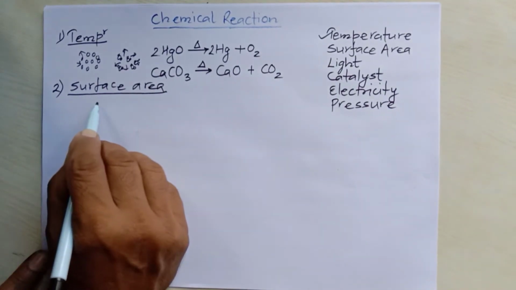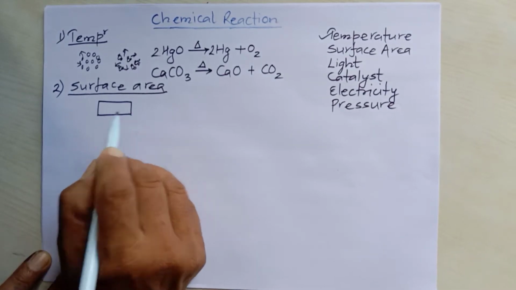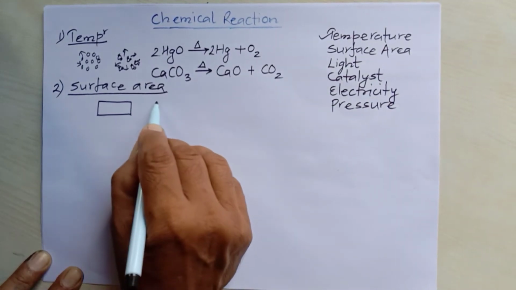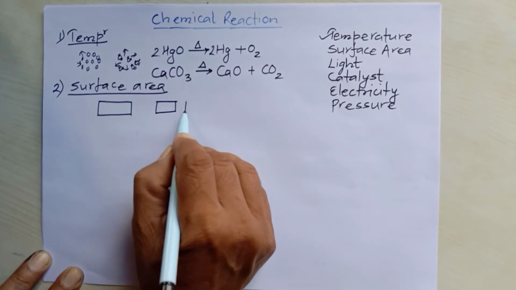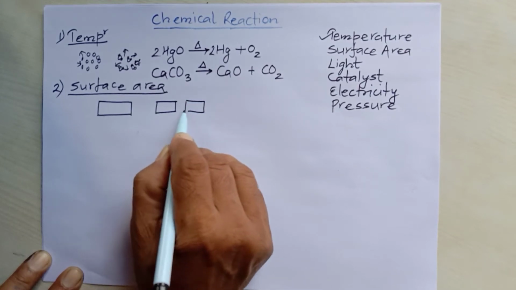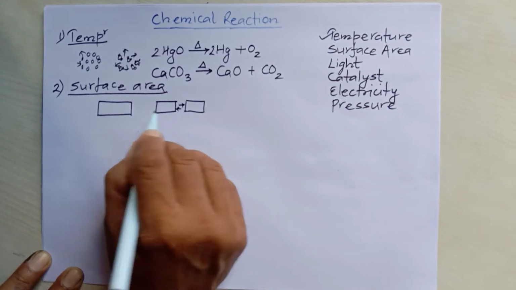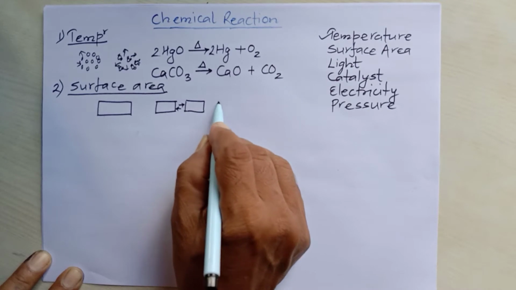Just for example, let's say we have a solid substance, then this is the size. When it is broken down into 2 parts, then what happens? 2 new surface areas are produced, this one and this one. And if it is further broken down, then what happens?